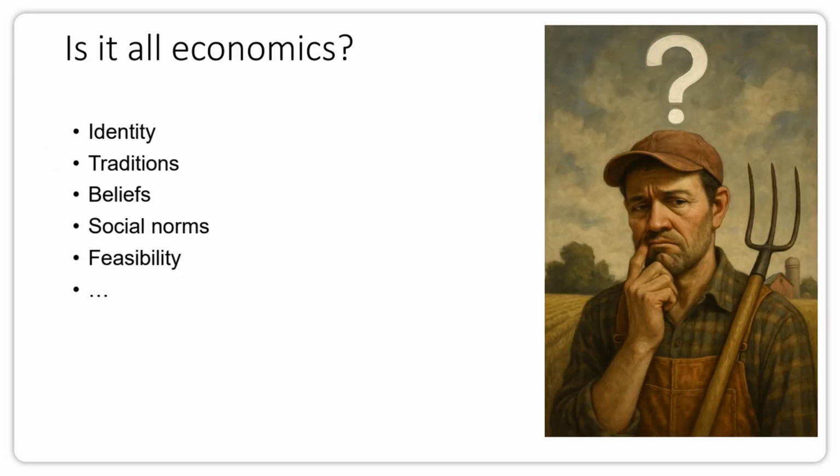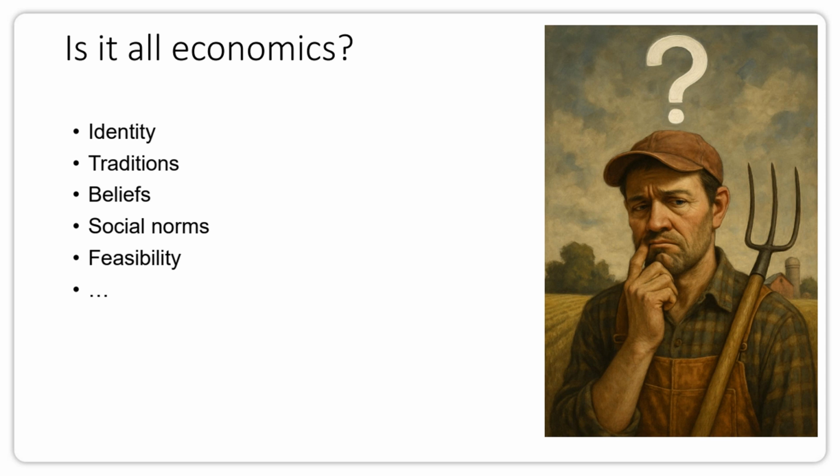But then making the introduction to the next talk, is it all economics? Well, clearly it's not all economics. It's the farmer decision. Economics is very important, but probably more important are other factors, social, psychological factors.